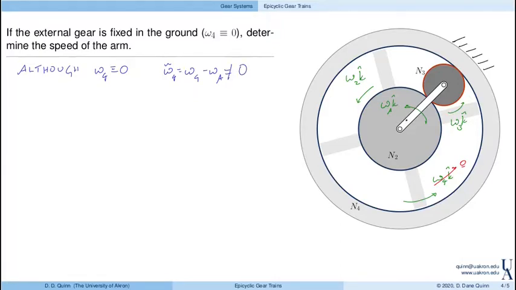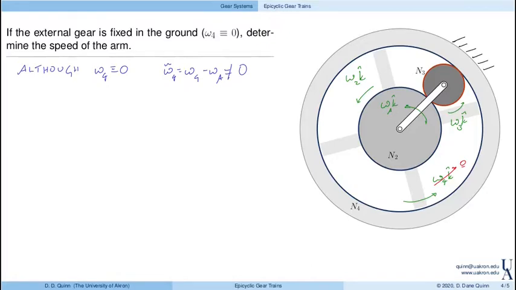So again, if you were standing on this arm and this system was moving around, you would actually observe a motion of gear 4 because you're stationary with respect to the arm. In terms of the ground, though, the arm is moving and gear 4 is fixed.